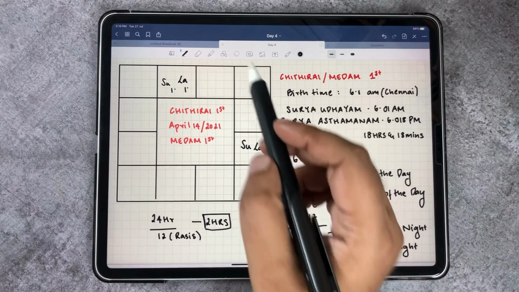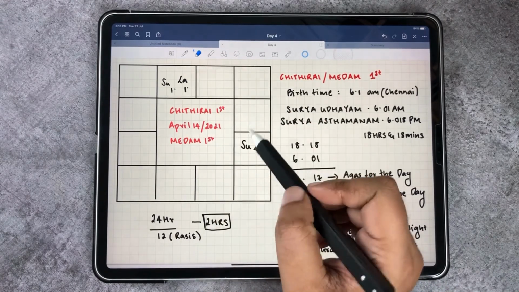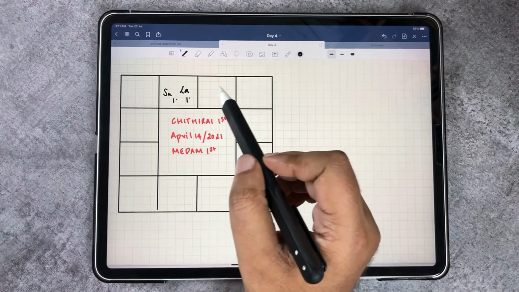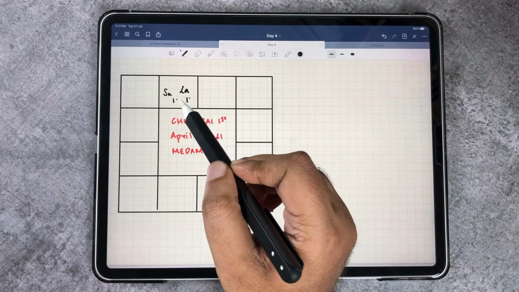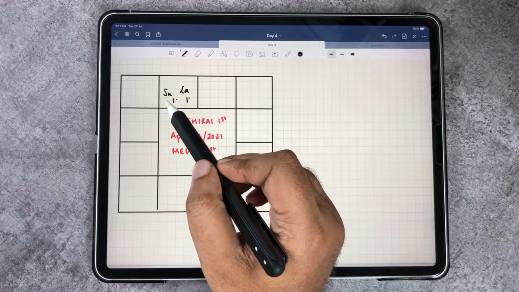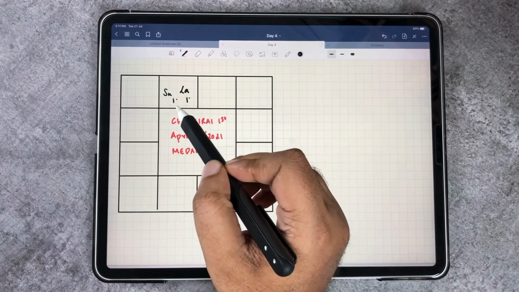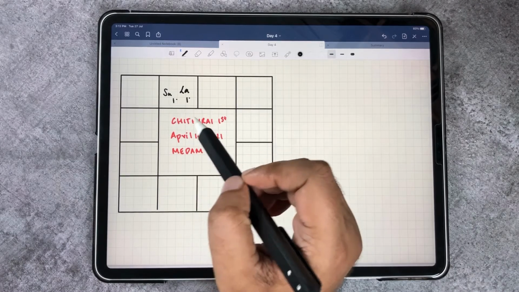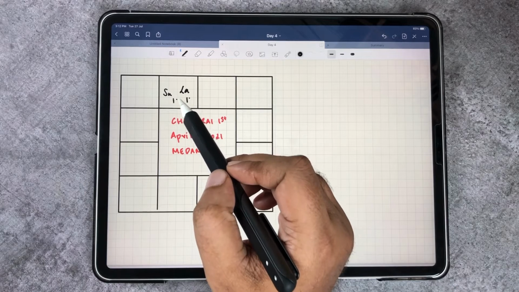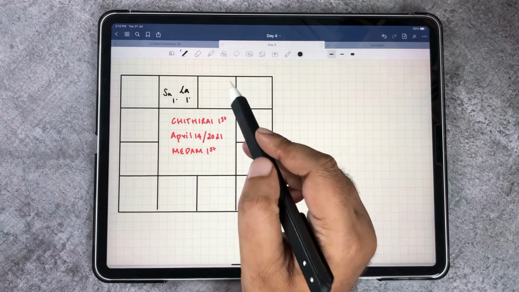So let's get back to Chittarai. So the Surya Udayam starts at 6:01 am. So the first Lagna, since it is the month of Chitrai, it would be the Mesha Lagnam. And where would it start? It would start in Mesha Rashi. And how long would it be there? It would be for 2 hours.